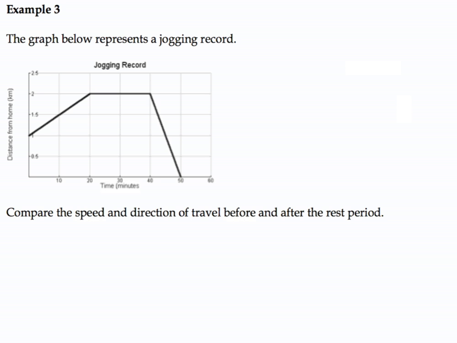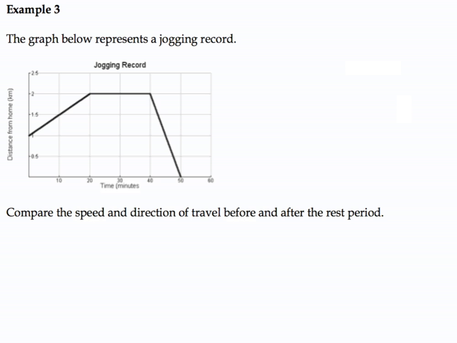So we're relating these two. At certain points we're not moving, and at certain points we are. So where in this graph are we resting? We're not moving. Yeah? Okay, so Tristan, Mr. Physics, 20 to 40, right? Why?